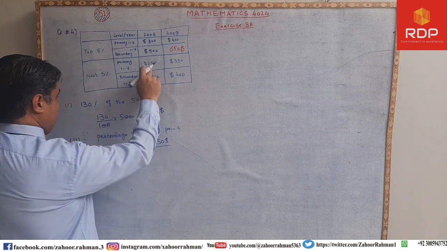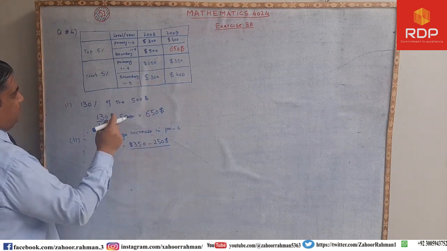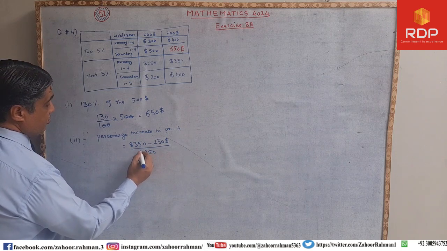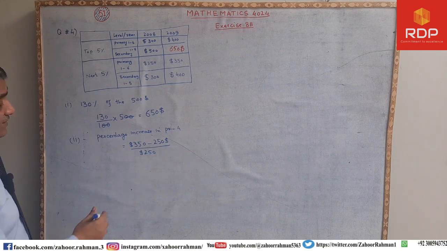Original value was this. So you don't have to write 350. In original value, you have to do it.